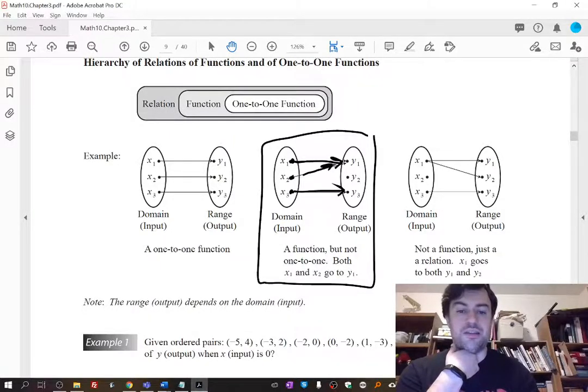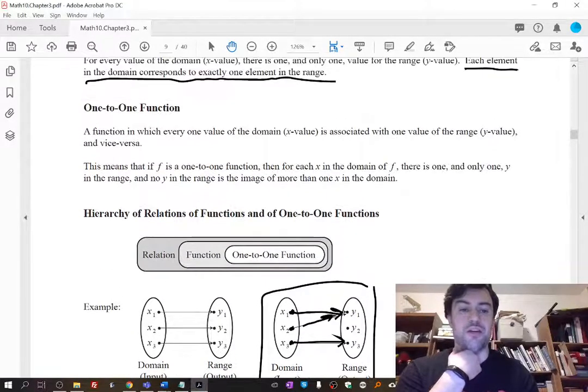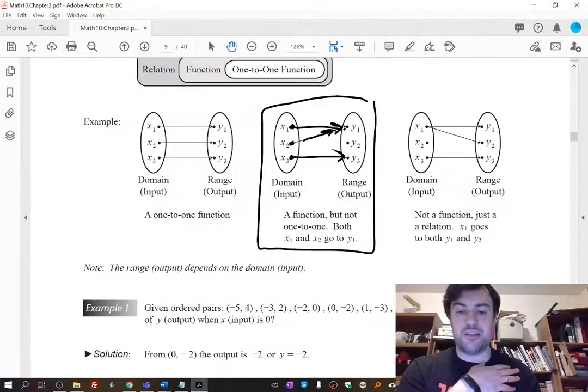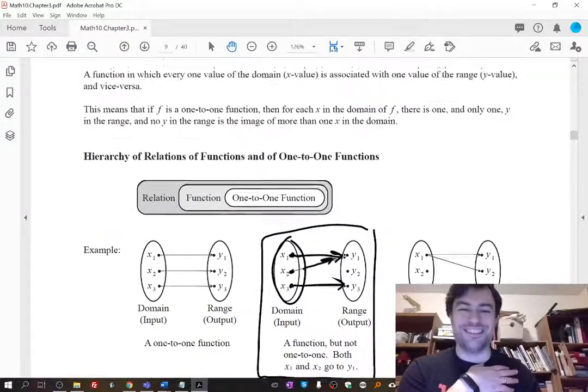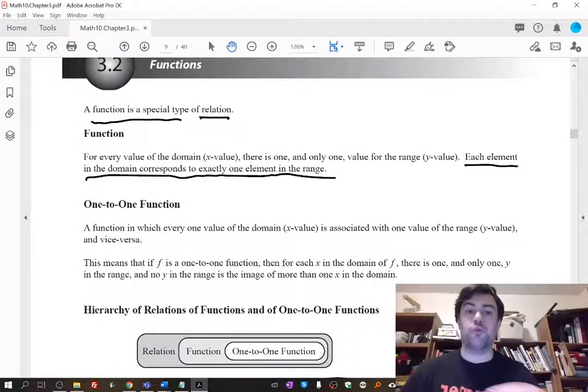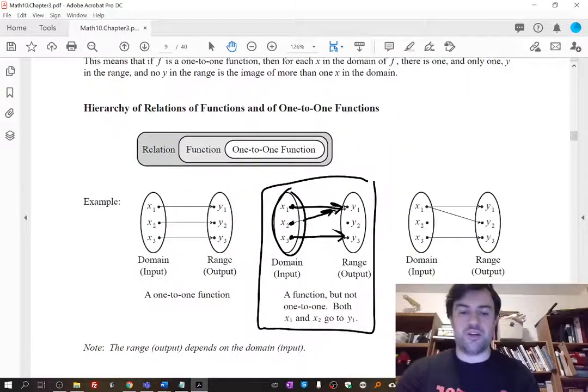That means each element in the domain, each one of these numbers here, corresponds to exactly one element in the range. So they all have one arrow coming out of them. That's what it means for a relation to be a function.